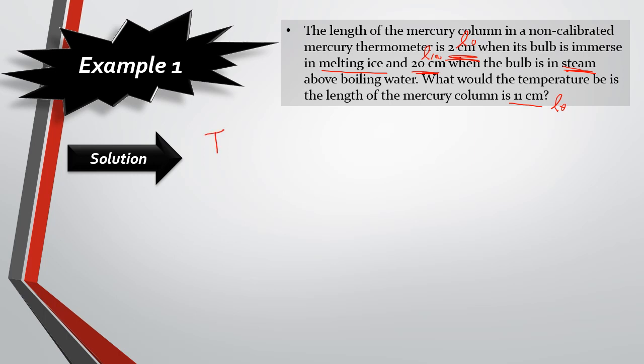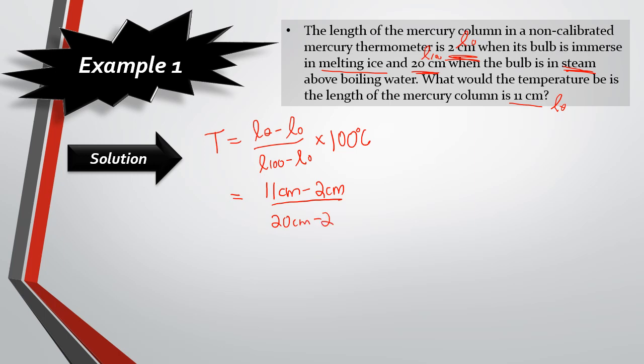T equals L theta minus L0 over L100 minus L0, times 100 degrees Celsius. We want to calculate the temperature. So L theta, 11 cm, minus 2 cm, over 20 cm minus 2 cm, times 100.